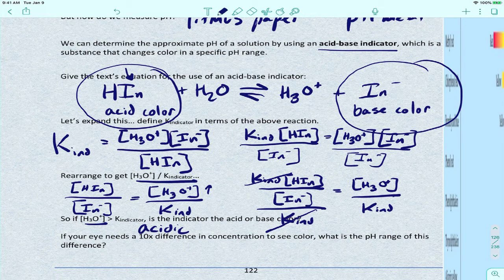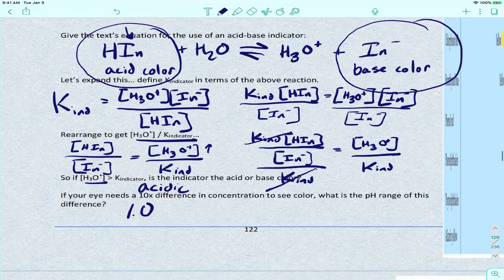Now, if your eye needs a 10 times difference in concentration to see the color, what is the pH range of this difference? Basically, in order to see a color change, we need to go up or down a pH unit. So every time there's a shade difference in color, that's usually going up or down a pH unit.